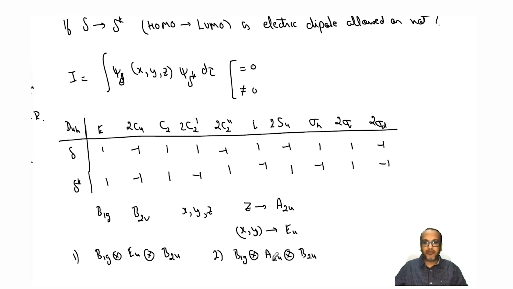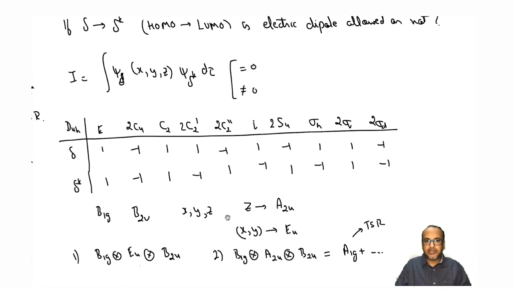If you do this calculation, all you have to do is multiply the corresponding characters and traces and find out what the irreducible representation is, whether it contains a totally symmetric representation or not. As a matter of fact, this one contains A1g plus something else it may contain, but one of the representations is the totally symmetric representation, right?